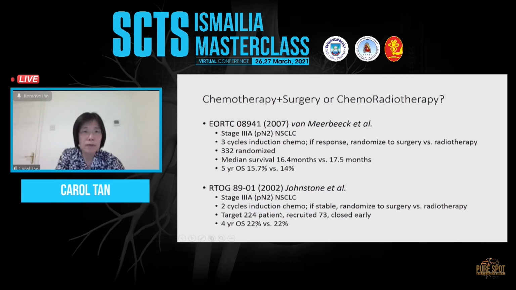They also gave chemotherapy but 2 cycles, and if the patient remained stable, they randomized to surgery versus radiotherapy. They targeted 224 patients, but surgical trials are incredibly difficult to recruit to, and they managed to recruit only 73 patients, so they closed early.